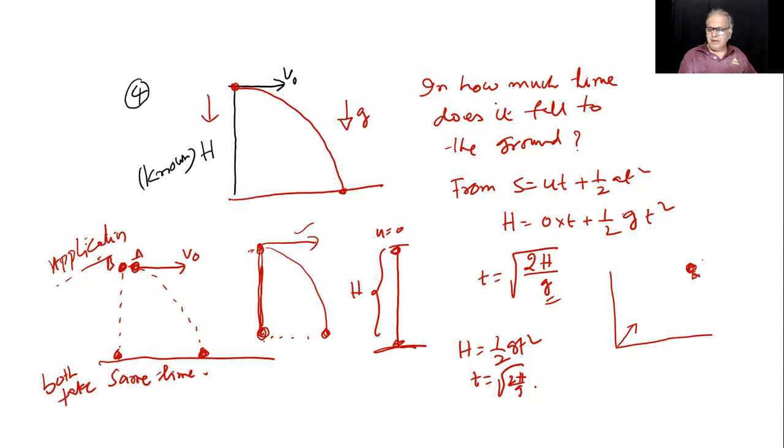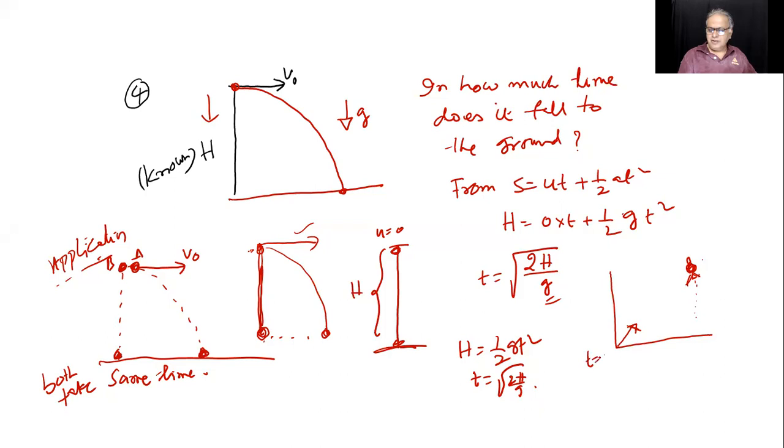But the monkey is a clever monkey. As soon as it sees the shooter, as soon as the bullet leaves the gun, the monkey starts falling. Will the bullet hit the monkey or not?